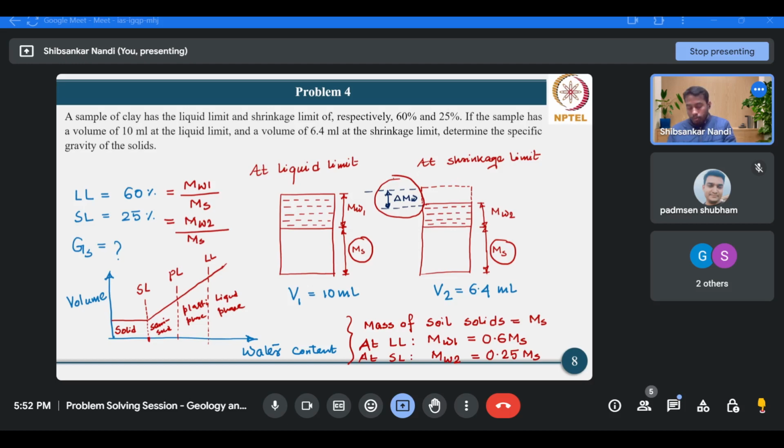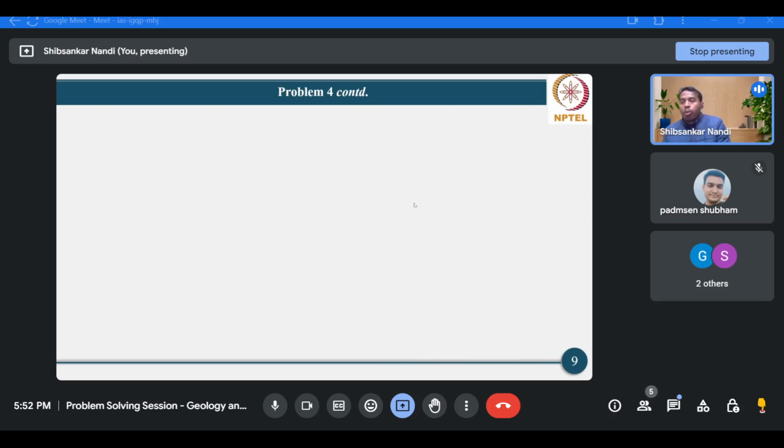When we are at liquid limit, the mass of water was mw1, but when we reach shrinkage limit, the mass of water becomes mw2. So this mass reduction happens inside the soil sample by delta mw. Therefore delta mw we can write as mw1 minus mw2.